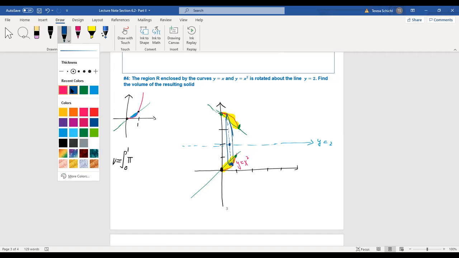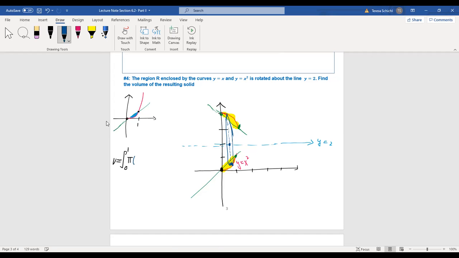The radius will be the total distance, so 2 minus x squared. Pi r squared, so the radius for the blue one is 2 minus x squared, radius number 1, and then you square that.